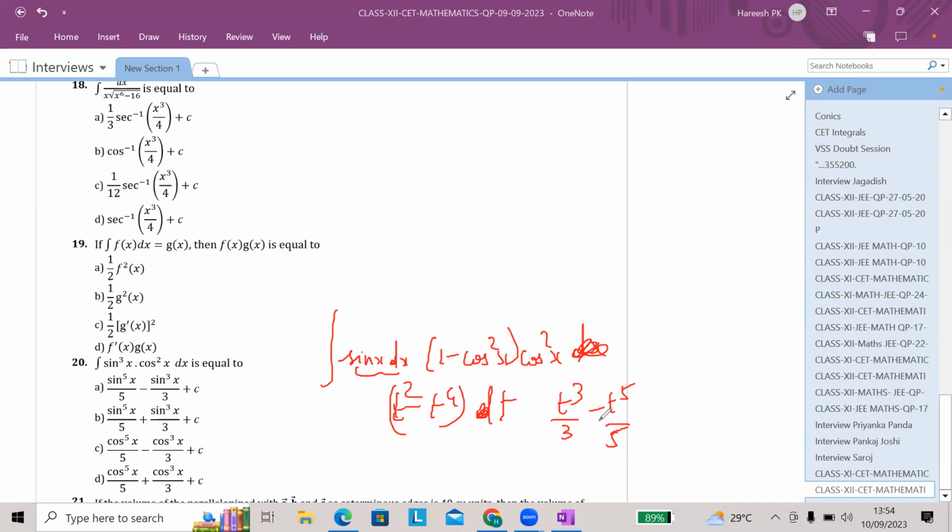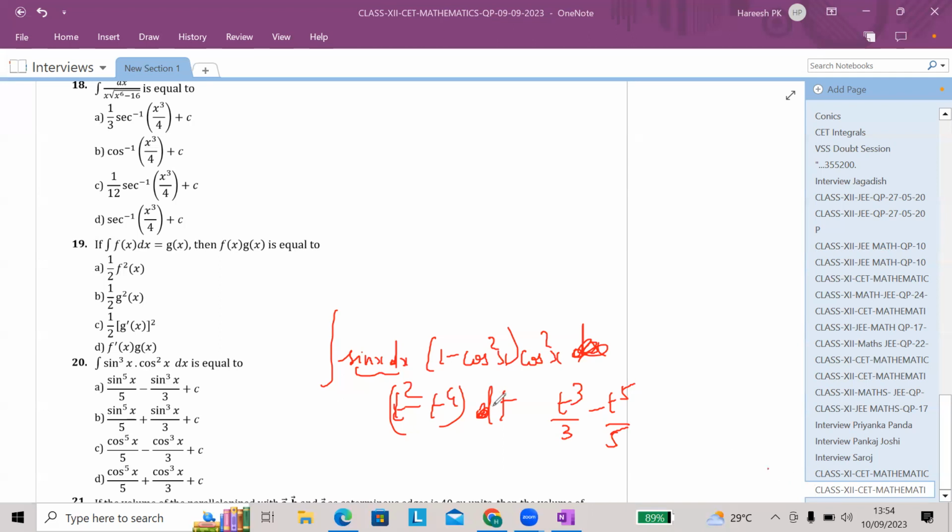Isn't it? And t is nothing but cos. So cos cube minus cos power 5. So unfortunately, none of the options seems to match here.